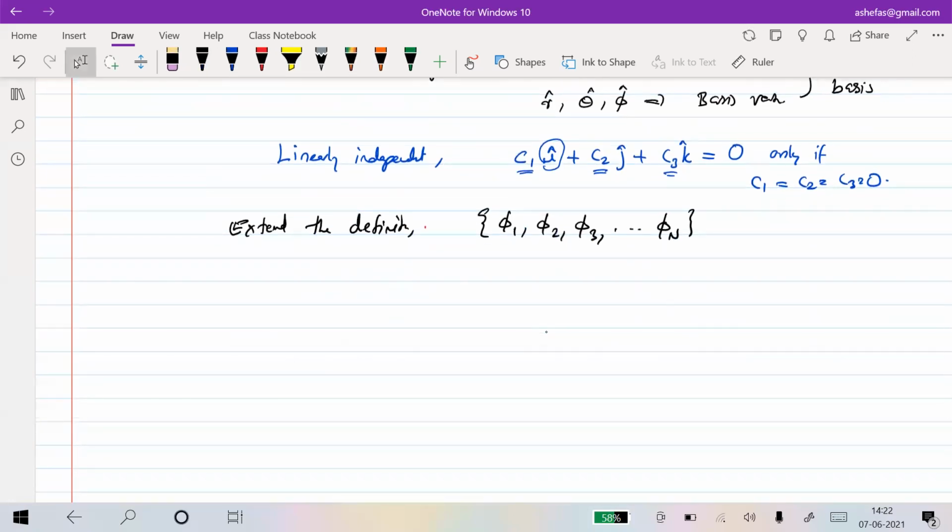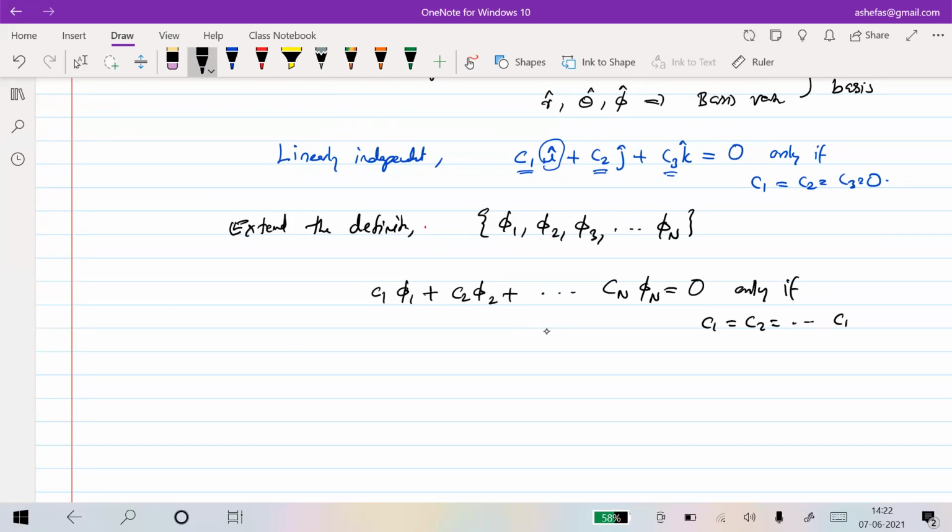Now these vectors are linearly independent if c1 phi1 plus c2 phi2, etc. up to cn phi n equal to 0 only if c1 equal to c2 equal to up to cn equal to 0. If this sum is 0 only if their coefficients are 0, then we can say that phi1, phi2, phi3, etc. up to phi n are linearly independent.